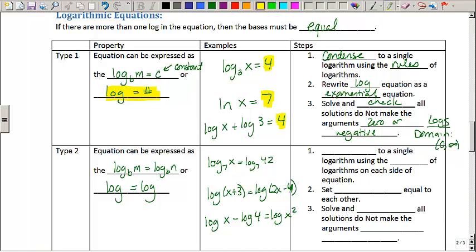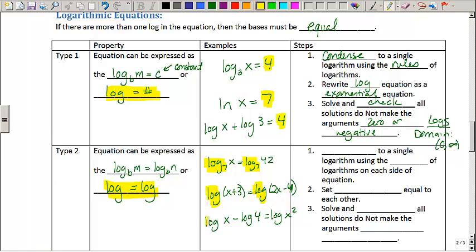Notice that in each of these examples that I just gave you, we have a log on the left equaling a log on the right. There are no terms that have a constant like the type 1, where we have equaling a constant on the right-hand side. Both sides have logs. All terms are in log form. Even on our second equation, log of x plus 3 equals log of 2x minus 4, again, my bases are the same, and I have a log on the left equals a log on the right.